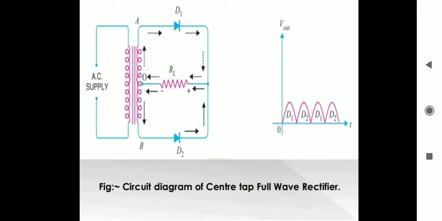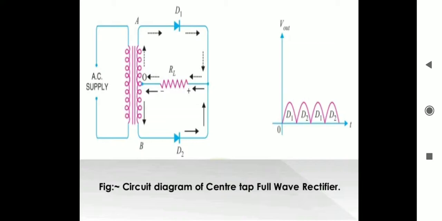Thus diode D1 becomes forward biased and diode D2 becomes reverse biased. The two diodes do not conduct simultaneously. Therefore, when diode D1 conducts, diode D2 does not conduct, and vice versa.